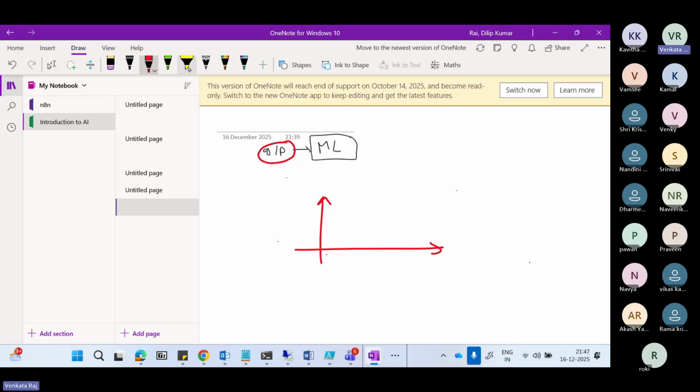It has tried to draw a pattern. It has clustered different customers into one group, different customers into another group. Now it got a new customer and that lies somewhere here. So this is an anomaly, a very unexpected case.